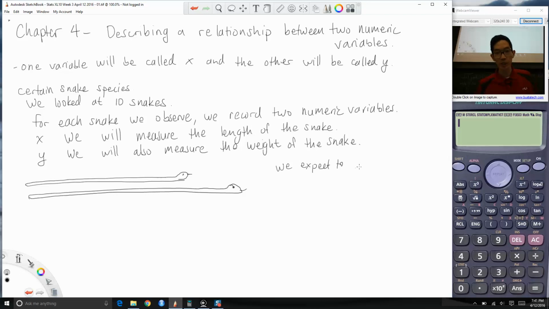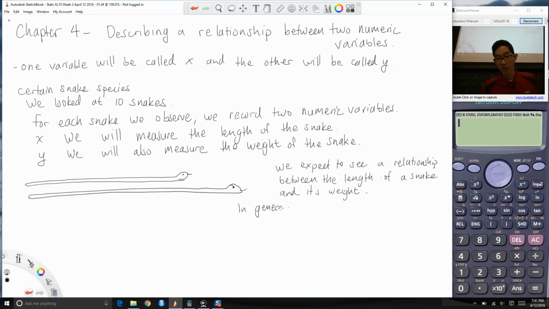So we expect to see a relationship between the length of a snake and its weight. In general, snakes that are long will weigh more than snakes that are short.